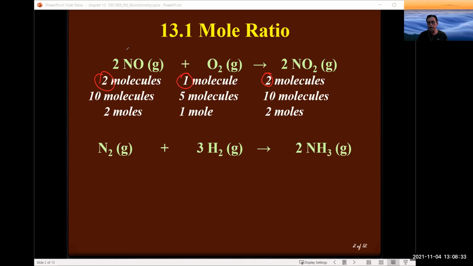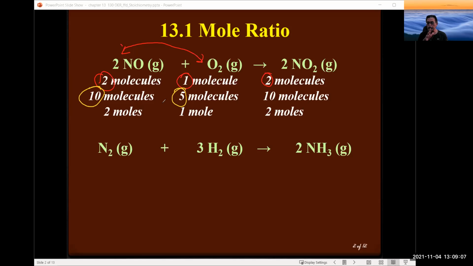And so in this ratio, a 2-to-1 ratio set up here, or a 2-to-2 between reactant and products, or 1-to-2 between oxygen and nitrogen dioxide. And so if we multiply everything by a factor of 5, okay, and I start off with 10 molecules of nitrogen monoxide, well, based on the ratio of 2-to-1, I require 5 molecules of oxygen.